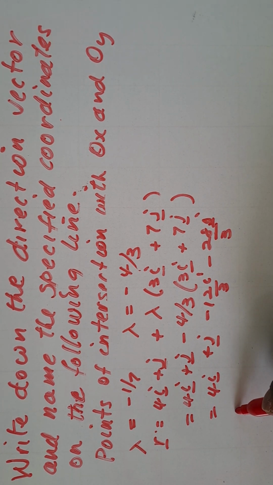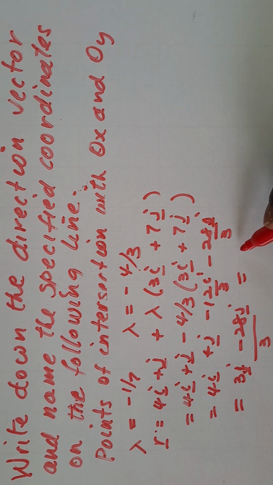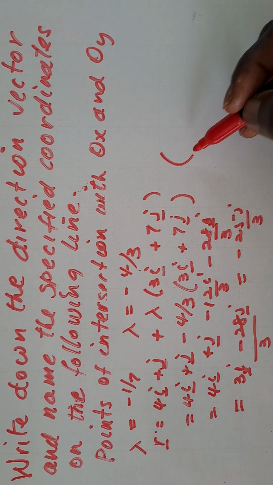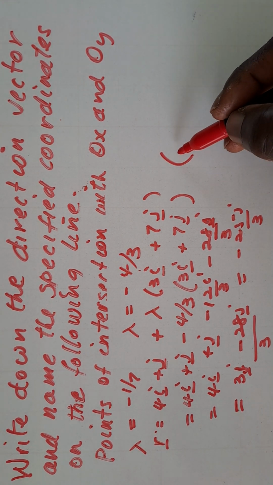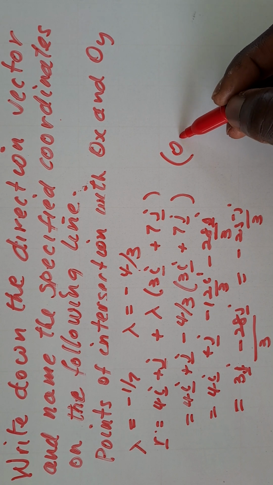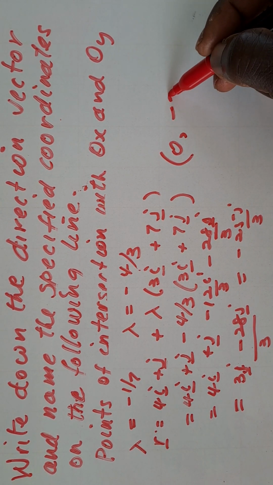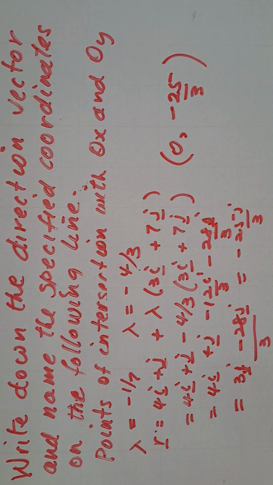And this simplifies to give us 3J minus 28J over 3, which is minus 25J over 3. Now, with lambda being minus 4 over 3, the coordinates here, we have the x being 0, or the I component being 0, and we have the y component as minus 25 over 3.